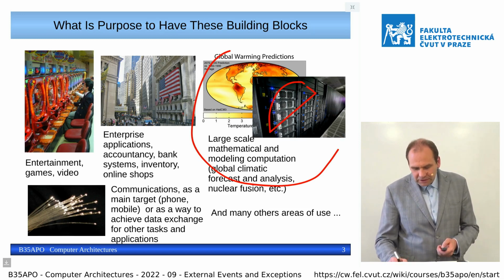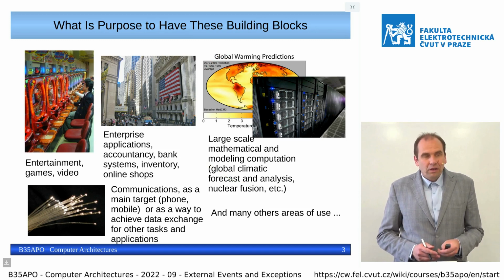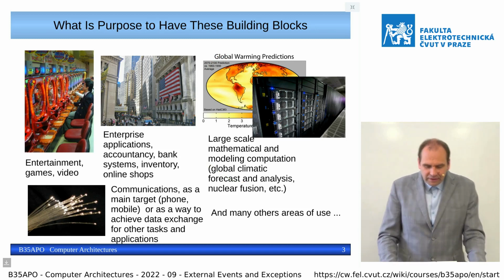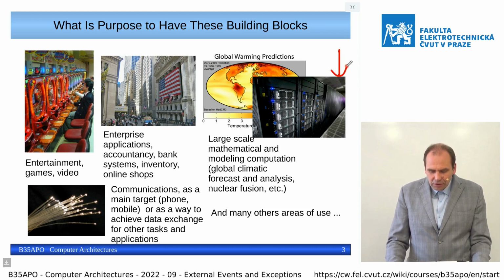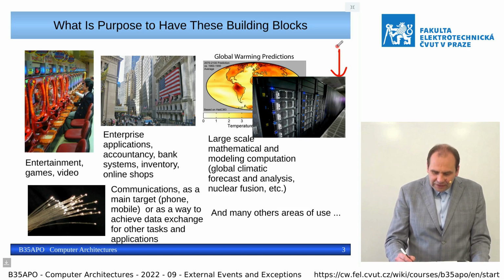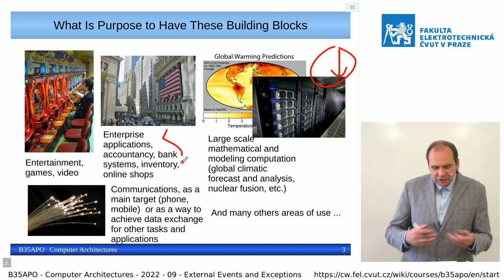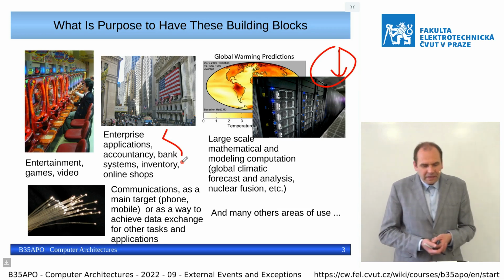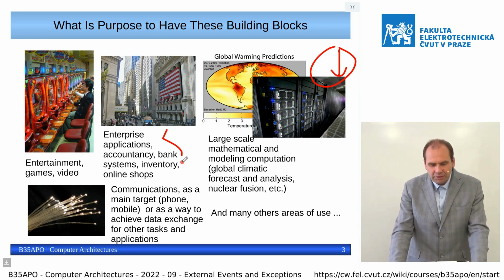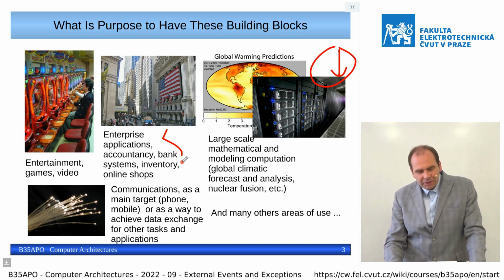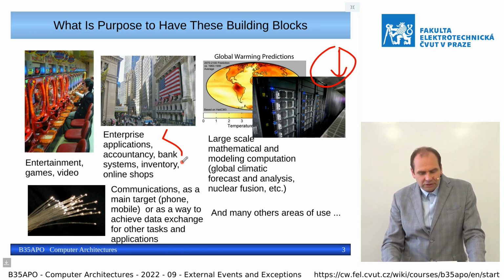But what is interesting about those large-scale computations is that it is possible to optimize them, as they have relatively long segments of linear code. So in some respect they are easier than business applications, which have many conditional instructions, because in a typical business application every 6th or 7th instruction is some condition or jump.